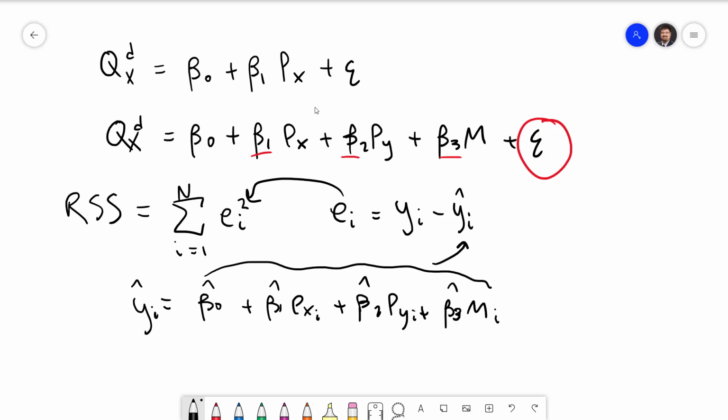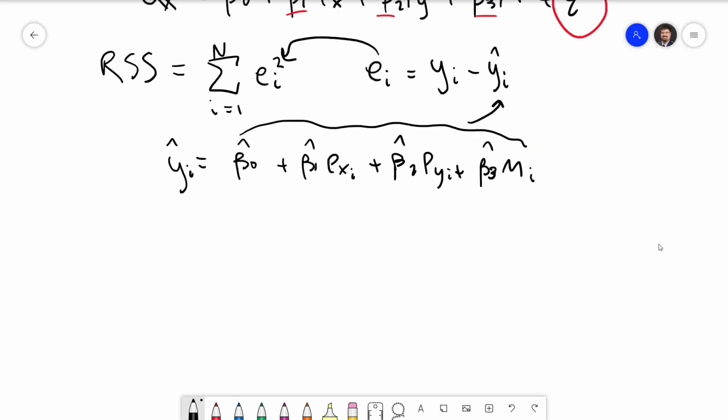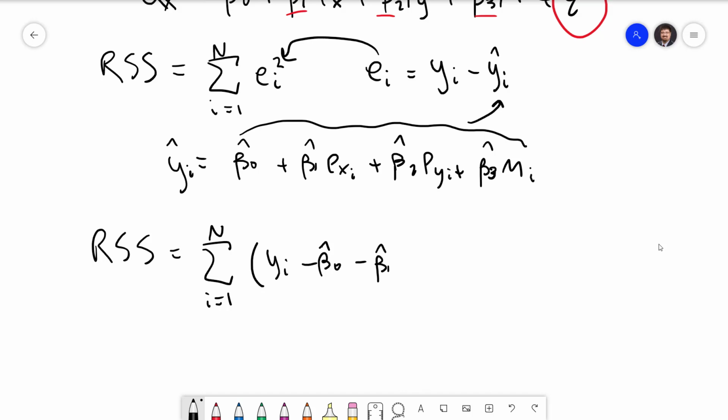And that's going to be our RSS. Ultimately, what that thing is going to look like once we do all that plugging in will be yi minus beta naught hat minus beta 1 hat pxi minus beta 2 hat pyi minus beta 3 hat mi, and all that squared.